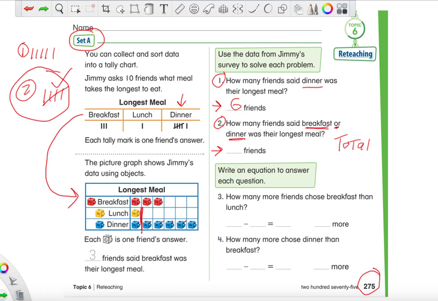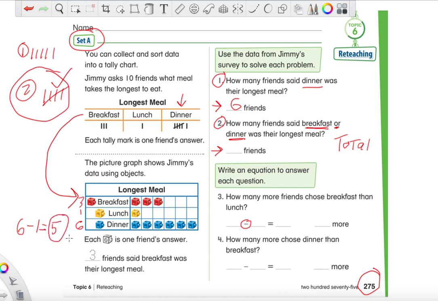Now, the other way you can do this is, and they're kind of showing you right here, this is why I'm making sure I'm going over both ways, is just subtracting the 2. So again, if you're comparing lunch and dinner, we have 3 breakfast, 1 lunch, and 6 dinner. We can also just subtract the 2. So I would make a subtraction sentence saying 6 minus 1 equals 5.